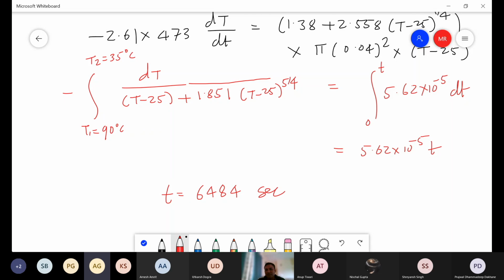Yes, sir. 6408. 6408 you are getting? That's okay. Depending on how accurately you have calculated these intermediate values, some variation you will have, but around 6400 you will get the time. So everyone is getting the same value. Check whether you all are getting similar values.